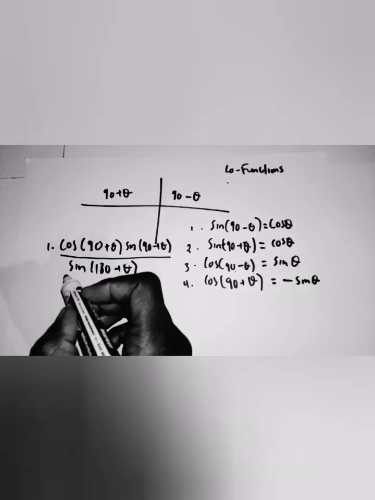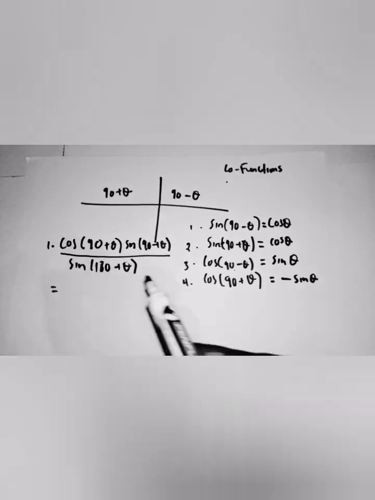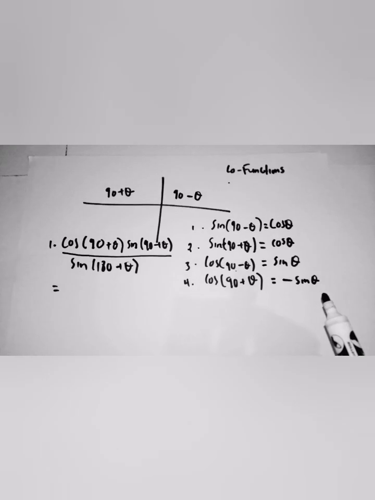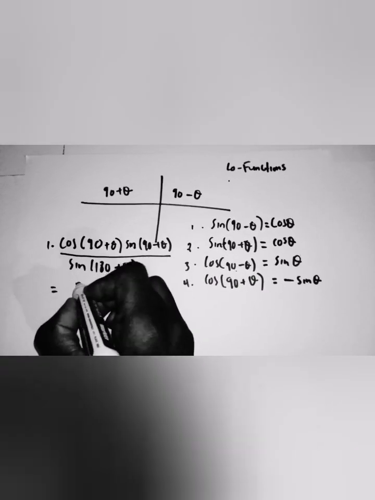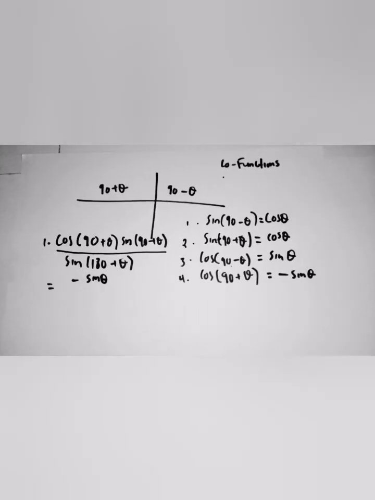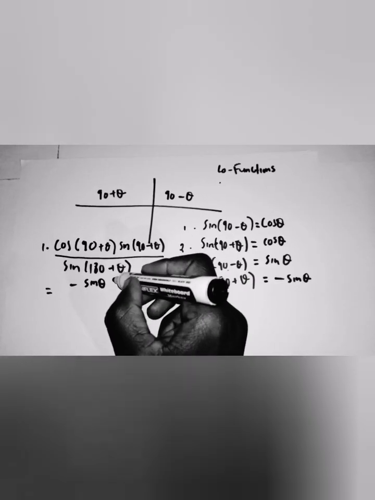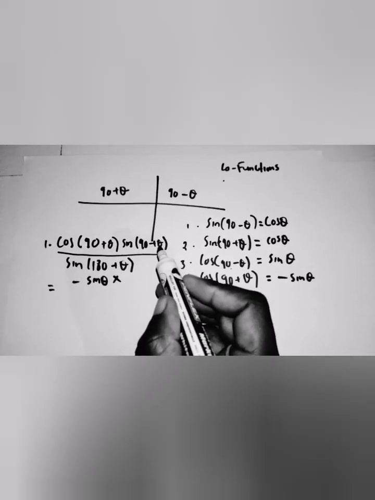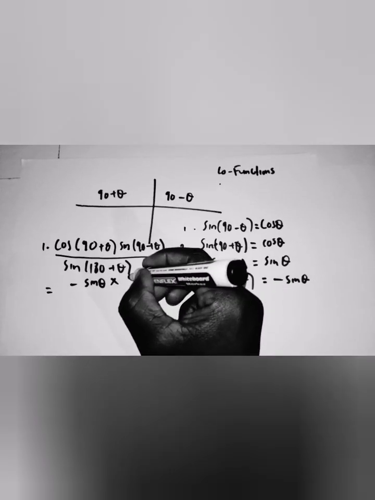Now what you need to do is remember your quadrants. Cos 90 plus is on the second quadrant, and there we have negative sine theta. So cos 90 plus theta, you replace it with negative sine theta, times sine 90 plus, which is also on the second quadrant, the positive cos theta.